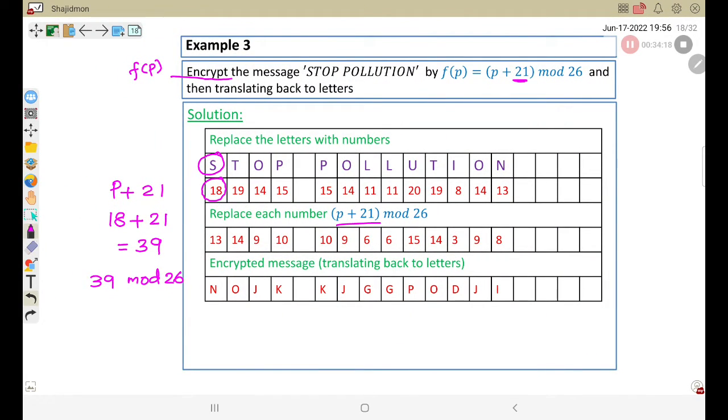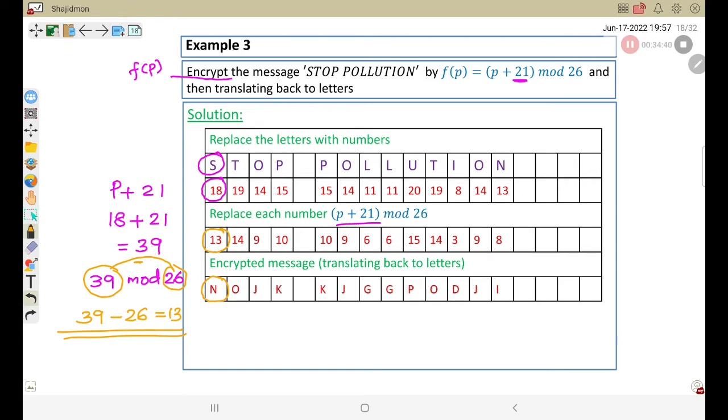The easier way is to subtract: 39 minus 26 equals 13. So we will get the number 13, and 13 means the letter N.